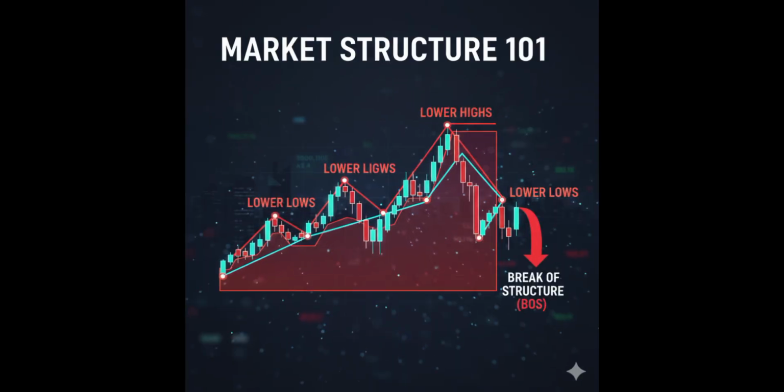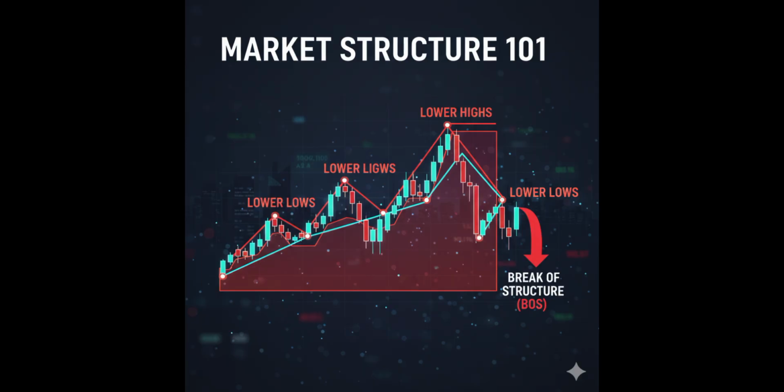Conversely, a downtrend is characterized by lower highs (LH) and lower lows (LL). Here, sellers are in control, pushing price down, and any rallies are met with stronger selling pressure, resulting in a lower high. Moving on with the architecture of price, this is where the real gap filling happens. Most gurus tell you what a trend is, but they don't show you how to identify the exact moment it dies.